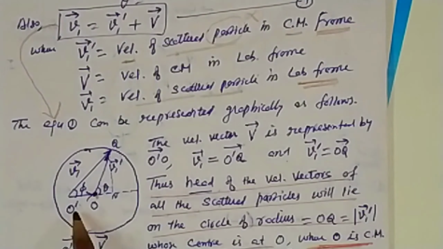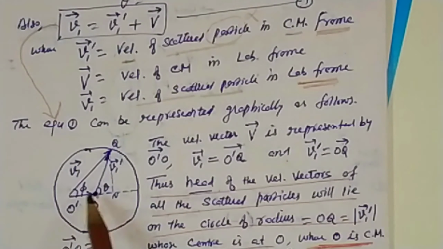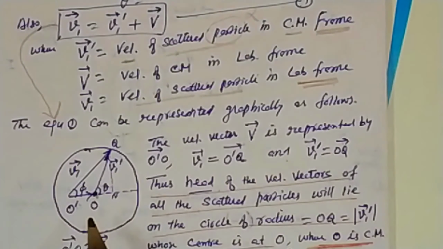So O dash is the origin of lab system. Therefore, O dash O represents the velocity of center of mass.